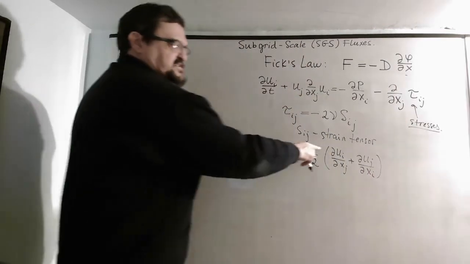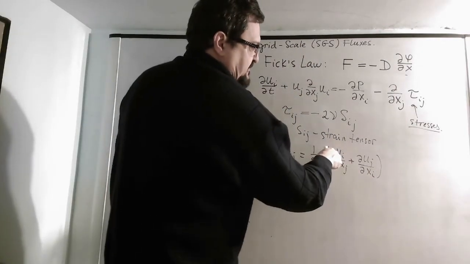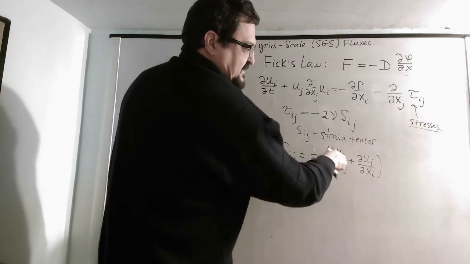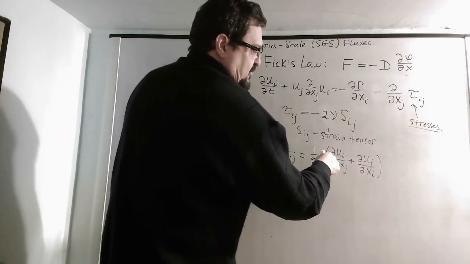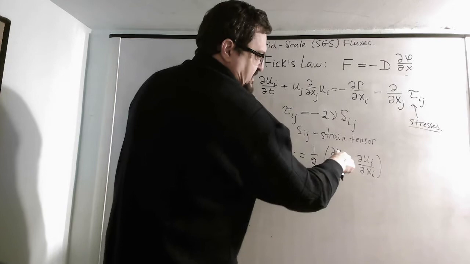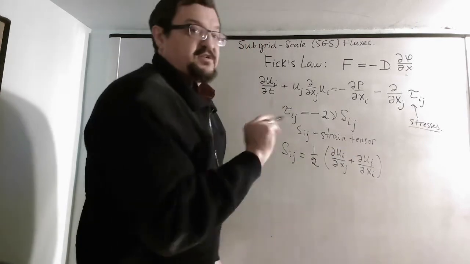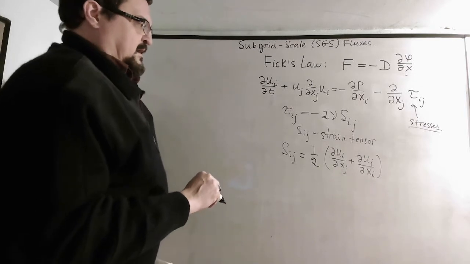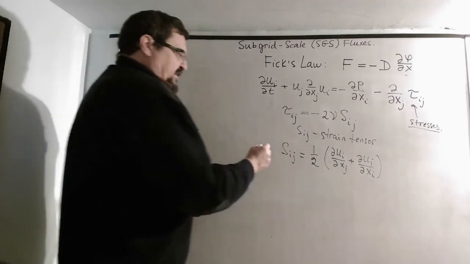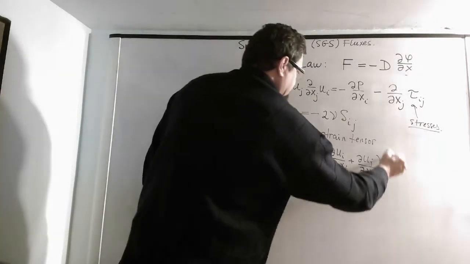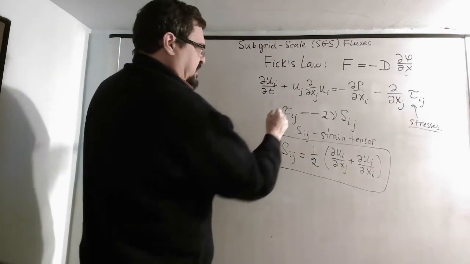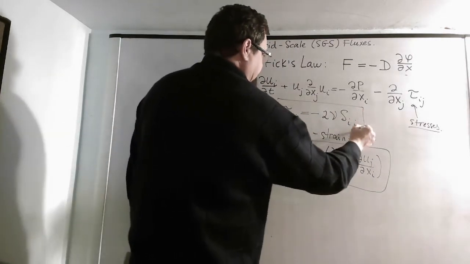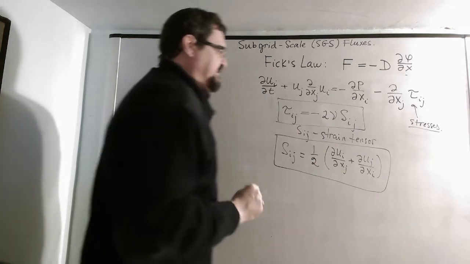There is no summation here, even though you have repeating index i, because they're not multiplied or applied as a derivative. It's just a plus between them, so there is no summation over that index. So this is the strain tensor that we're going to focus on, and this is the stress, and this is the definition of those fluxes.